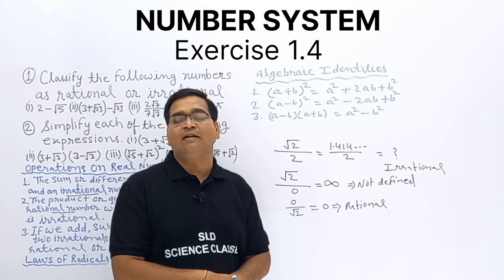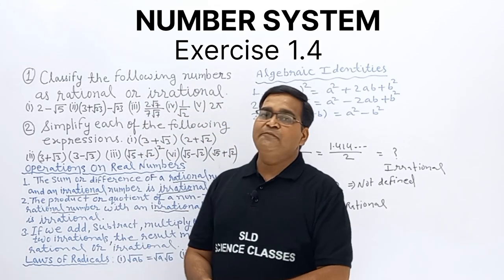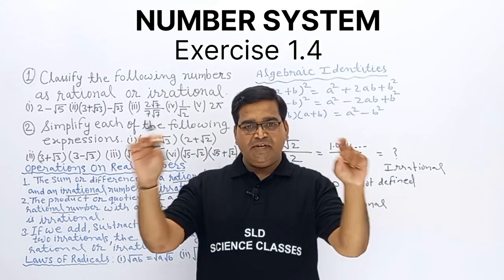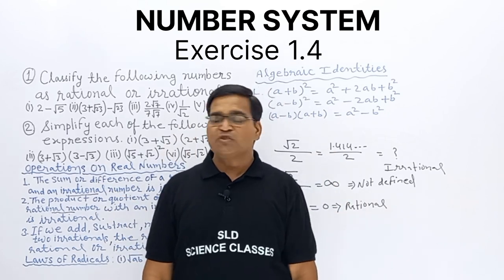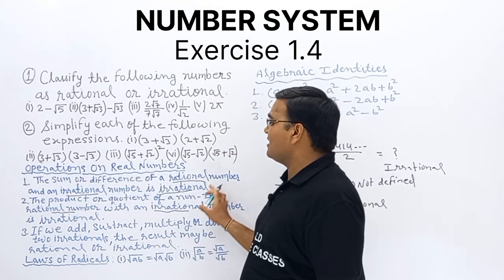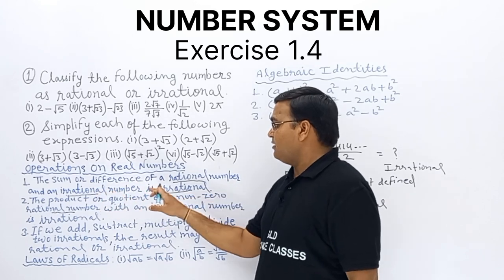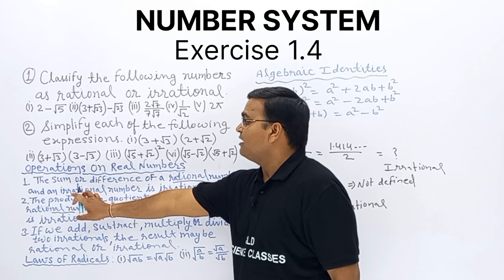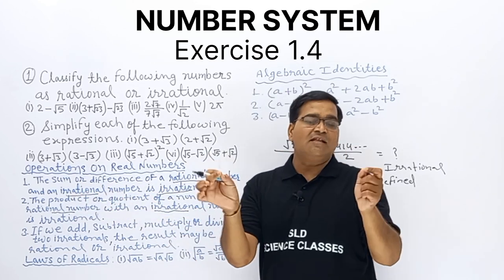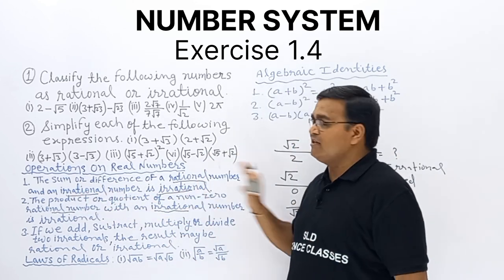This is the second operation on real numbers. On real numbers we are discussing different operations. First one is the sum or difference of a rational number and an irrational. Rational and irrational sum or difference will be irrational.